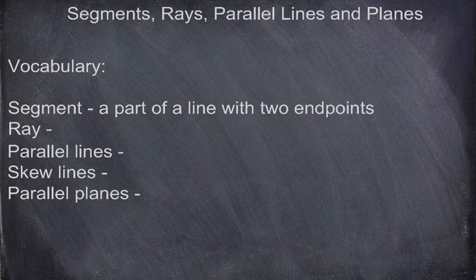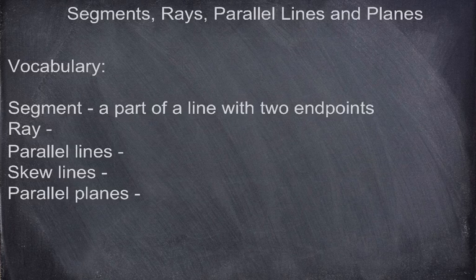So for instance, here's a picture of a line, so a segment would just be the section between these two endpoints. So this technically here is what we call a segment. Okay, so a part of a line with two endpoints. Well, how about a ray? What is a ray?